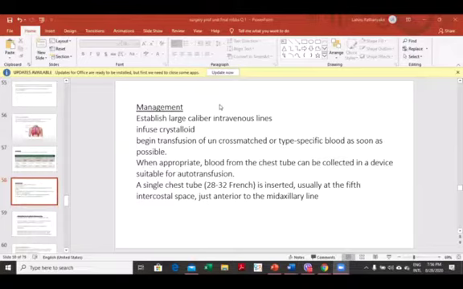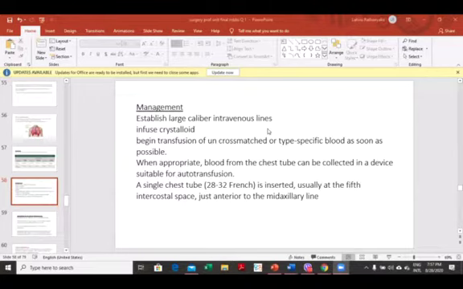and cardiac arrest following blunt cardiac injuries. This is also an immediate life-threatening injury.